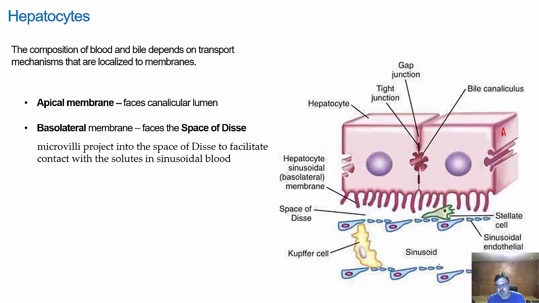So here we can see our sinusoid, and it has those large fenestrated spaces. And in between the sinusoid and the hepatocytes is that little space of Disse. You'll notice on the basolateral surface we do have these microvilli. These microvilli project downwards into the space of Disse, increasing the surface area of the hepatocytes.